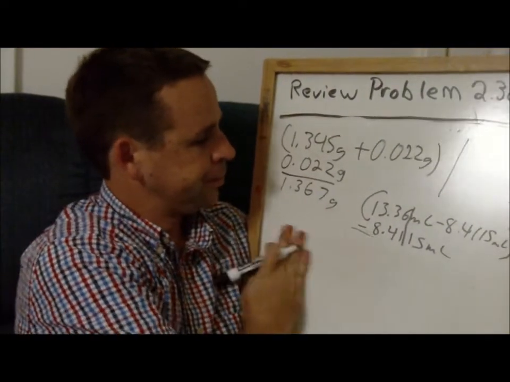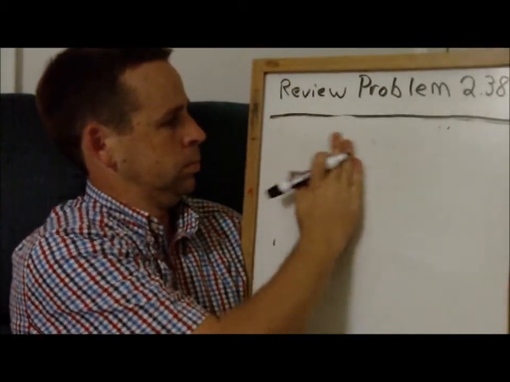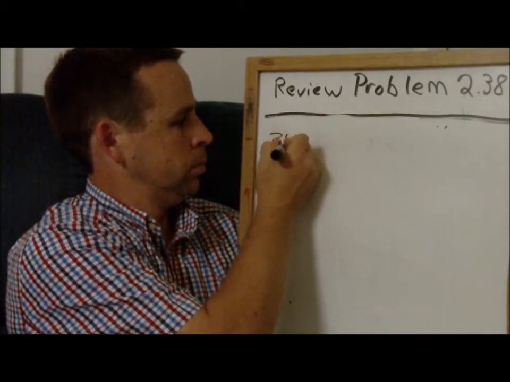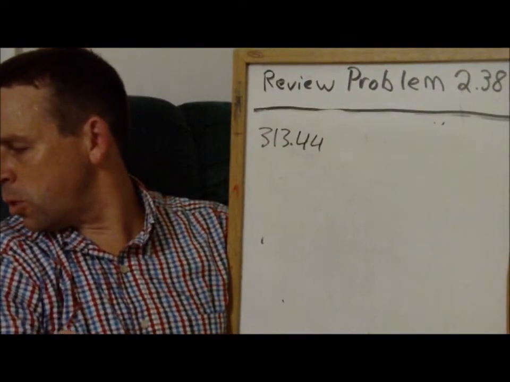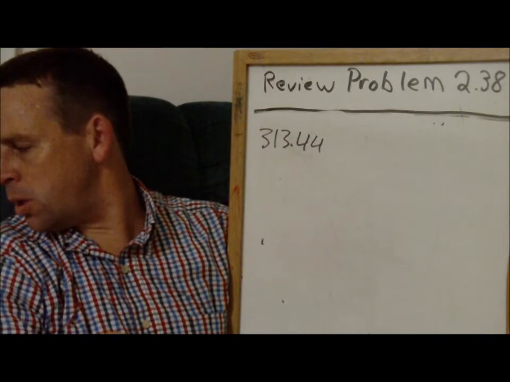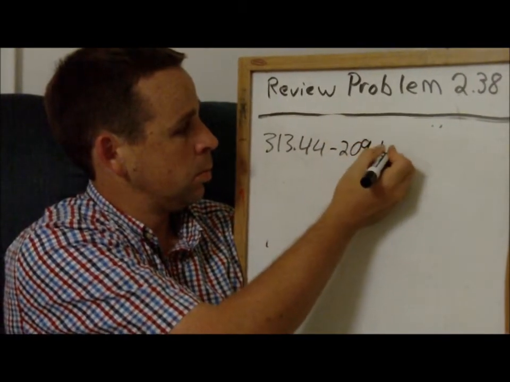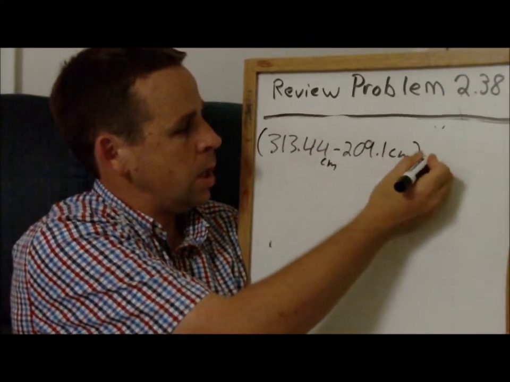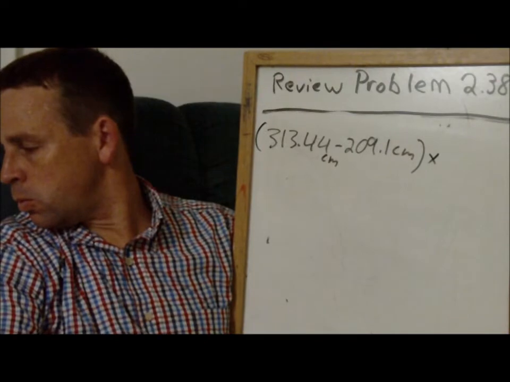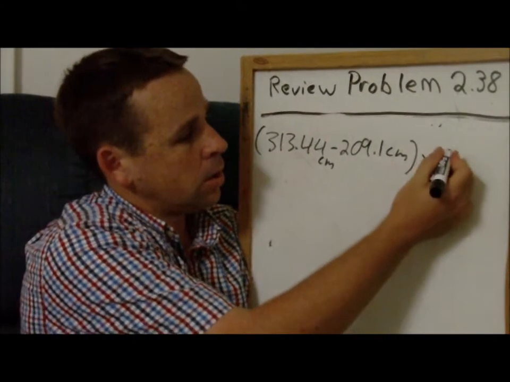Now we're on to 238E: 313.44 centimeters minus 209.1 centimeters, times 8.2234 centimeters.